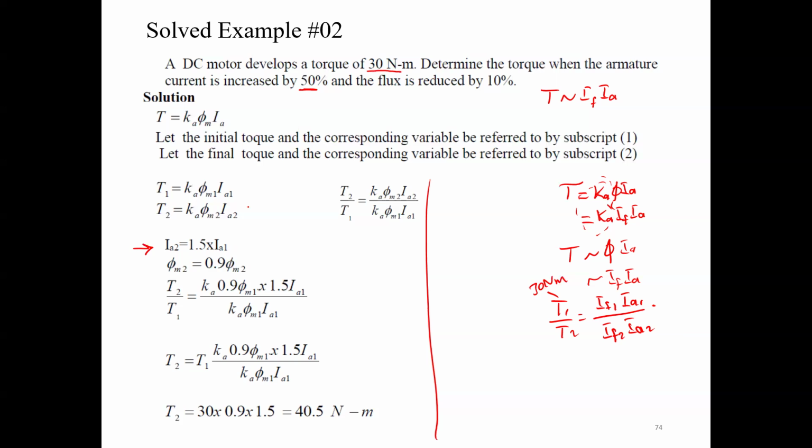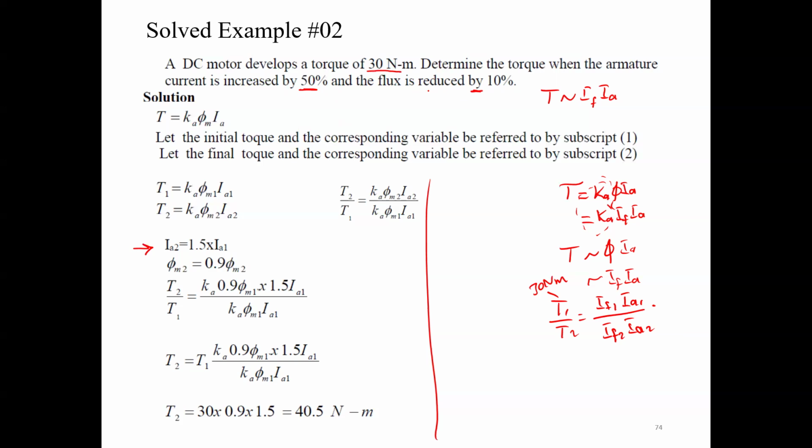And he mentioned also that the field current has been reduced by 10%. Take care, reduced by, not reduced to. Okay, so or increased by, not increased to. If it is increased to, it would be 150%. But reduced by or reduced to, this is sometimes tricky.